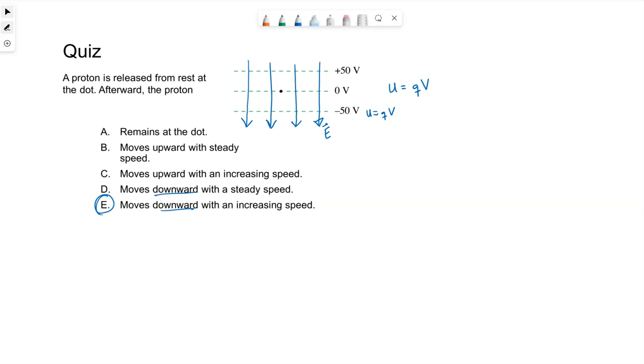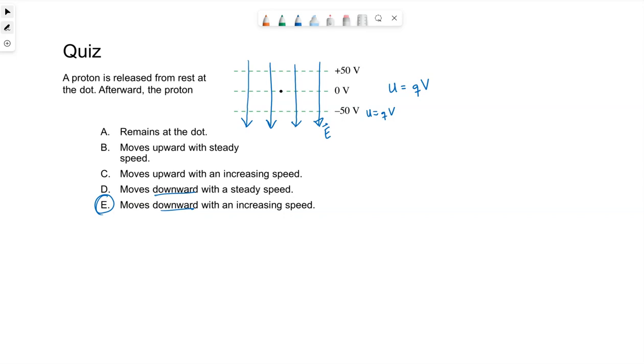Now, steady speed or increasing speed, well, just like gravity, if I release a ball from rest, I know the ball's going to speed up. That potential energy will continue to transform into kinetic energy, and that would be true here as well.